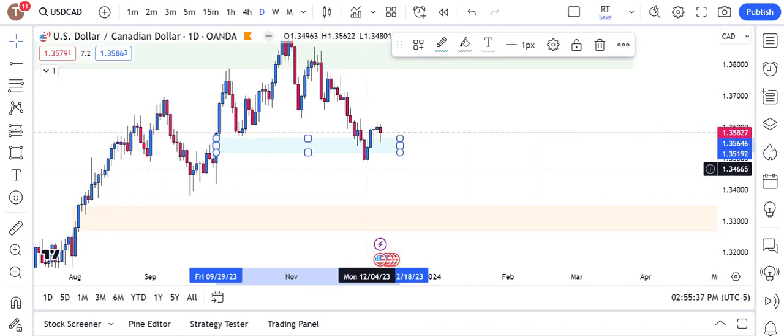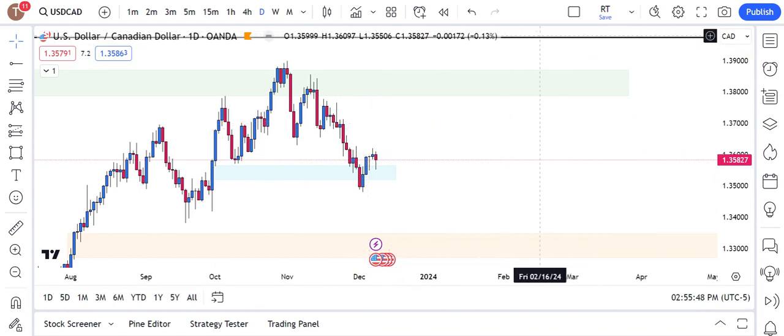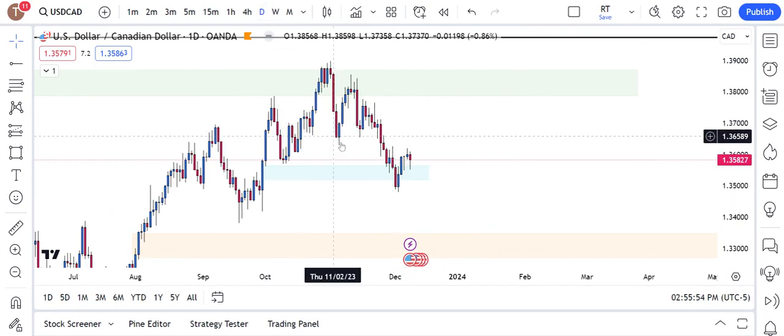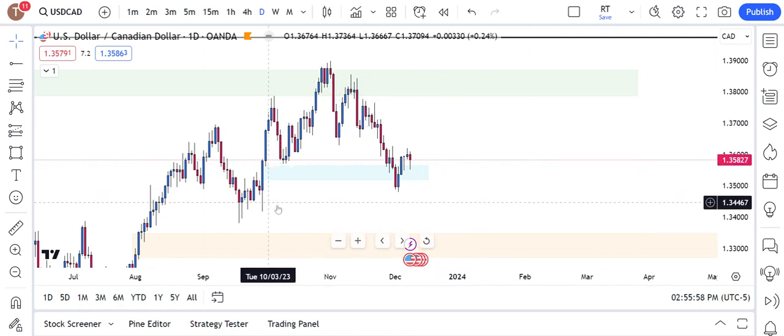If it had not broken and just gave us some wicks, some liquidity here, I would possibly look for more of a buy here first to this previous price point, and then maybe a sell down. But overall, on a weekly and a daily, I'm still looking for overall sales.